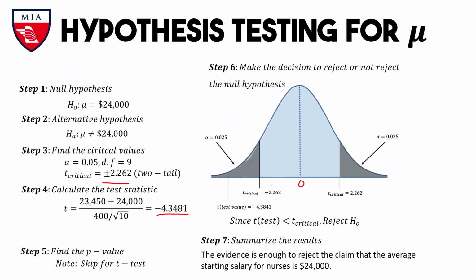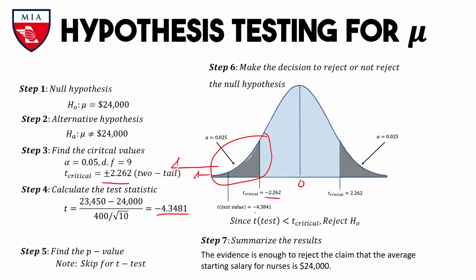Always remember that if your value is bigger but it is negative, therefore it is smaller, because it is much farther from 0. Our region is this gray color. So all the values from negative 2.262 onwards to the left are considered in the critical region.